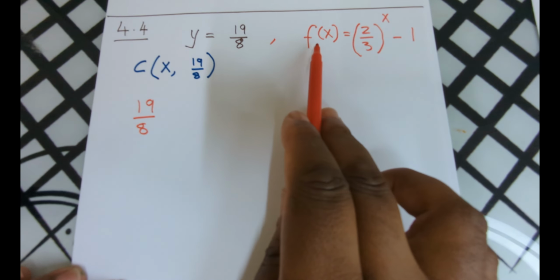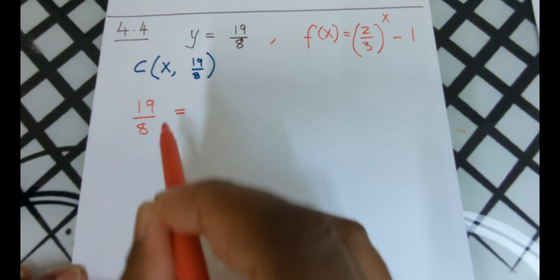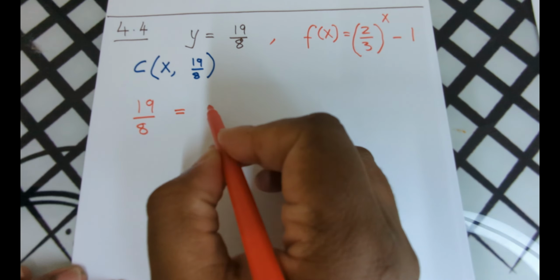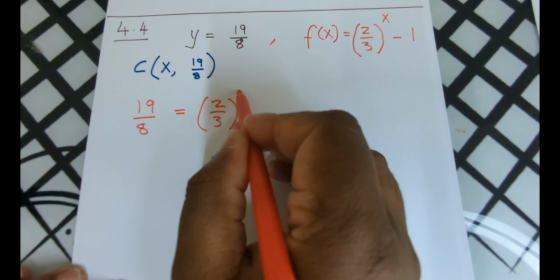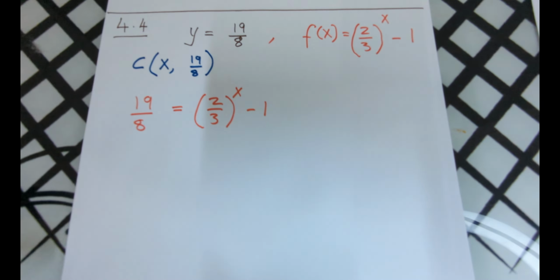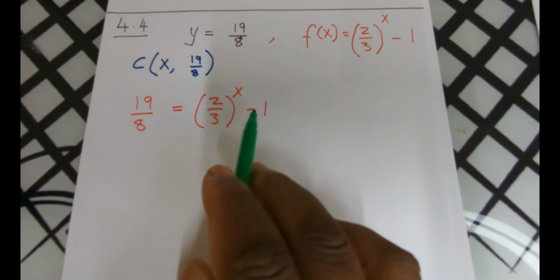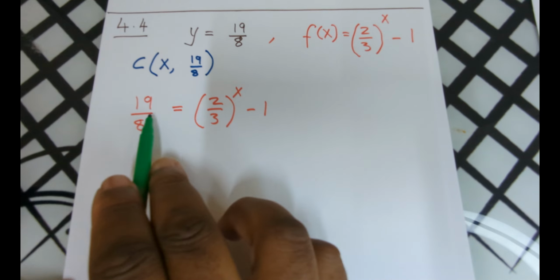So it will be 19/8, which is our y, or f of x, being equal to 2/3 to the power of x minus 1. And then we transfer negative 1 to the other side.